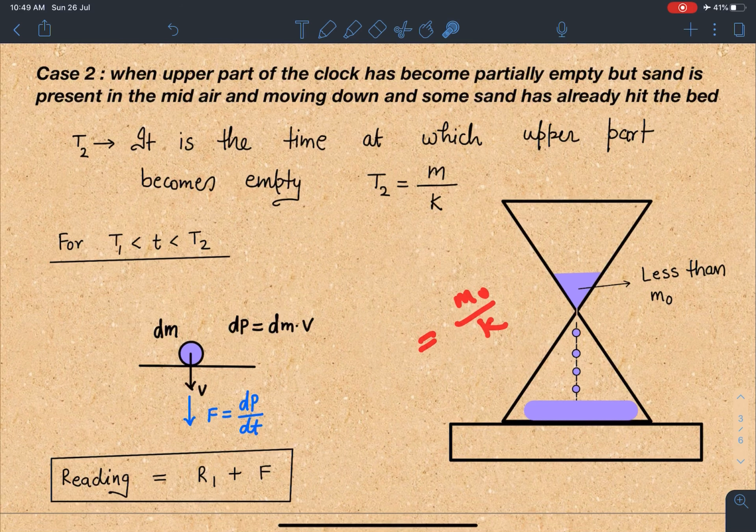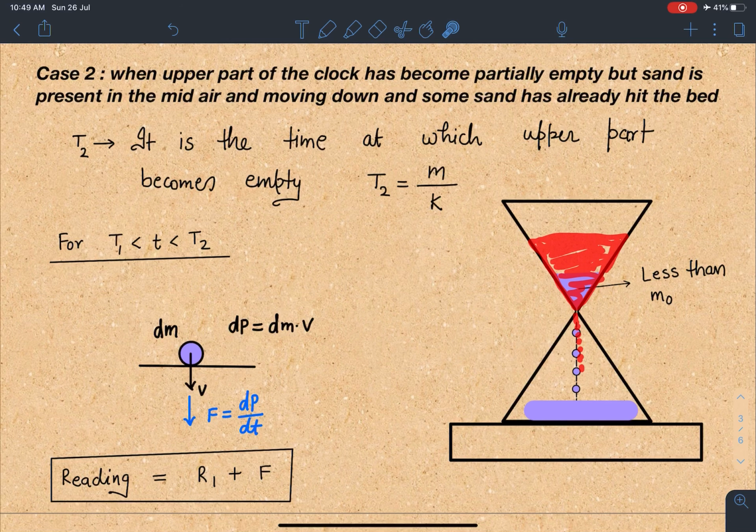If it is more than this value, then a completely different situation will arise, and nothing was mentioned in this problem about this, because normally for a sand clock, the time of emptying the upper part of the vessel will be quite higher compared to the time in which the sand particles will be falling.